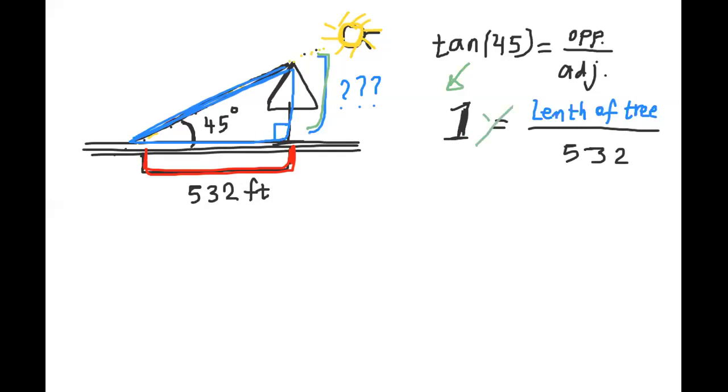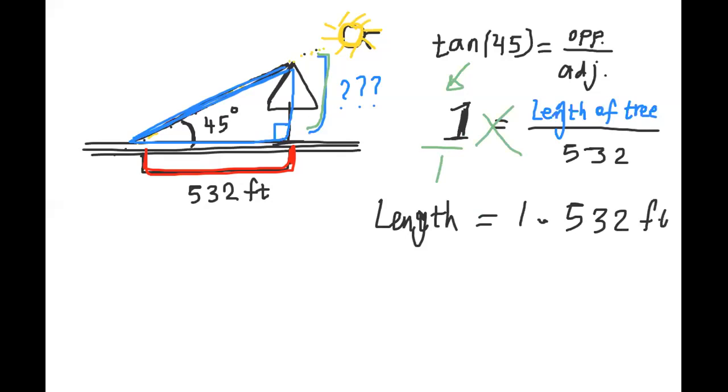So now it is easy to find the length of the tree. We do a cross multiplication. Here actually it is over 1. So the length equals 1 times 532 feet. So this is equal to 532 feet. This is the length of the tree.